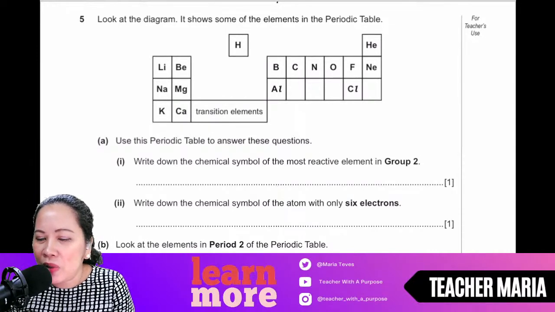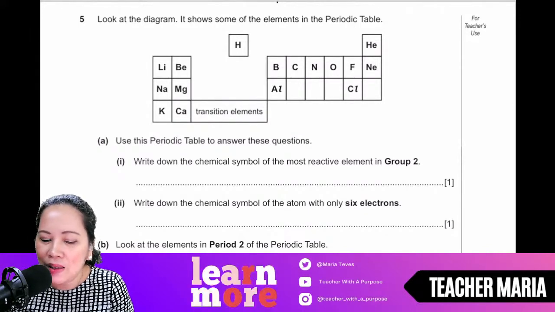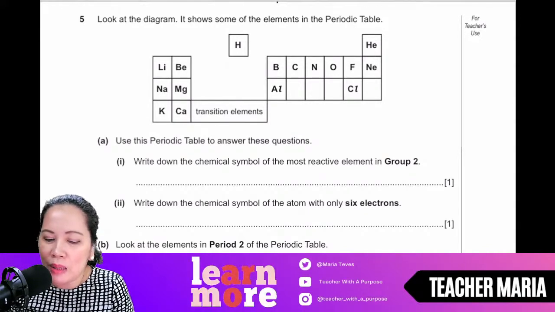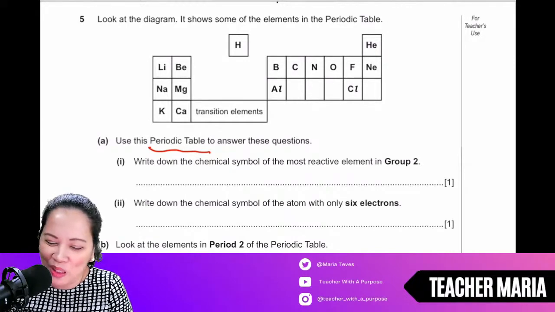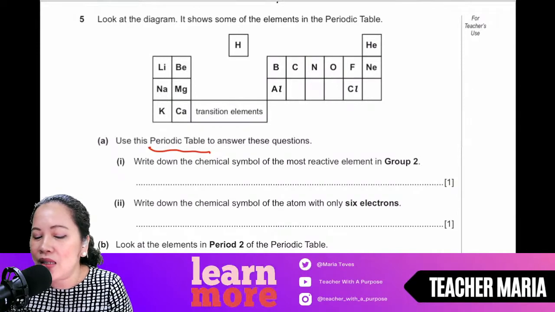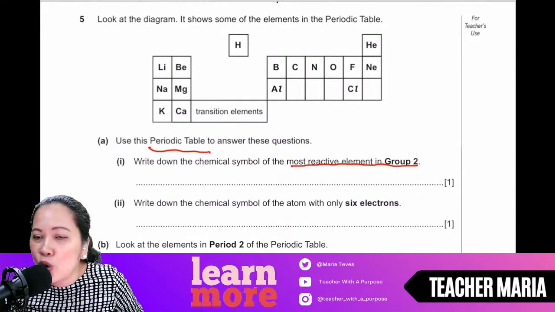Look at the diagram. It shows some of the elements in your periodic table. So you have a few of your elements here. Use this periodic table, okay? Do not use any other periodic table. Write down the chemical symbol of the most reactive element in group 2.